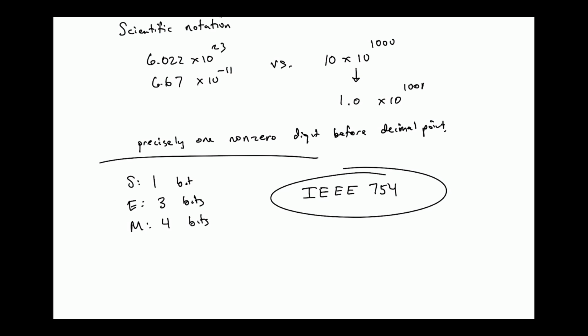So this standard got ratified, and it basically specifies how to do floating point encoding. And it's been amended a few times, but basically it defines how to do 16, 32, and 64-bit floating point arithmetic. It doesn't define 8-bit arithmetic, okay?